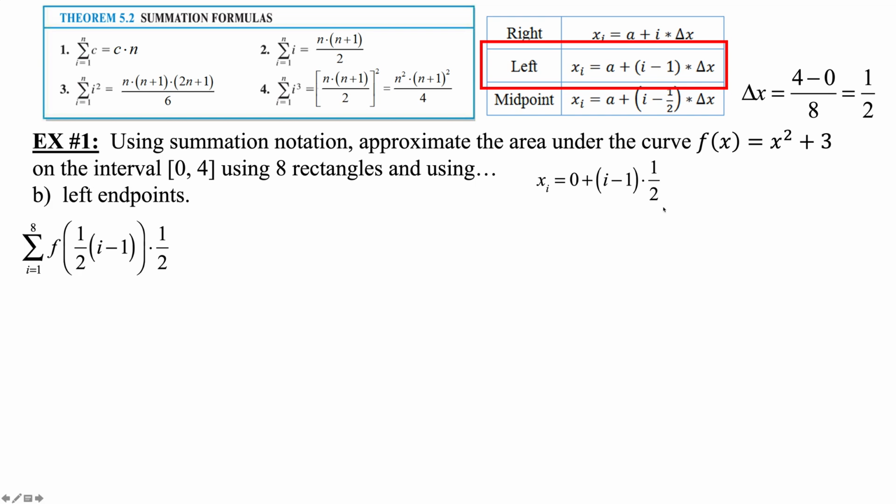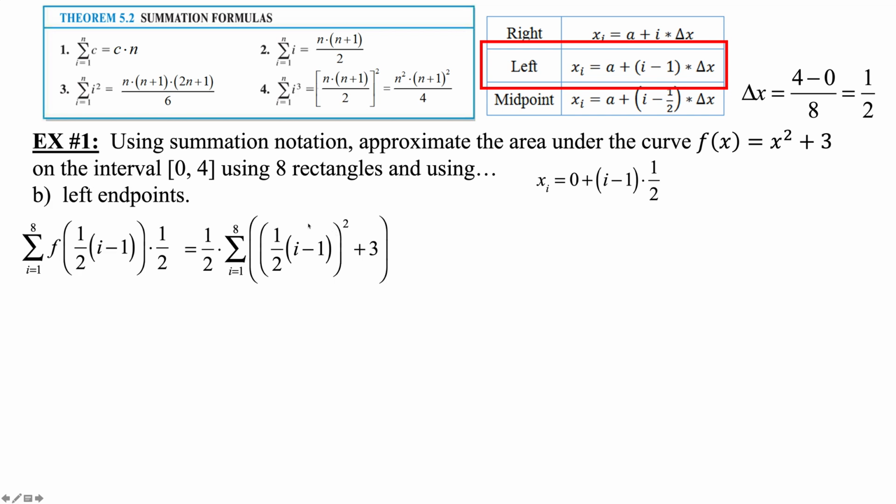Again, remember the 1/2 here, that's the change in x that we're multiplying by. So again, think of your rectangles. This is the base, this is the height. The f of x sub i is the height. Well, again, we're going to factor out the 1/2 to the front and focus on what we have here. Then we're going to have to substitute 1/2 times i minus 1 into our function for x.